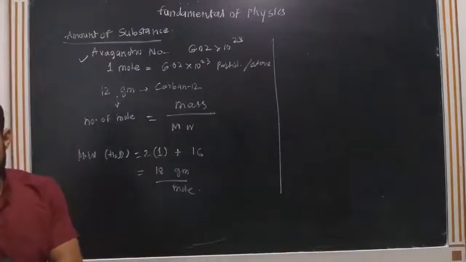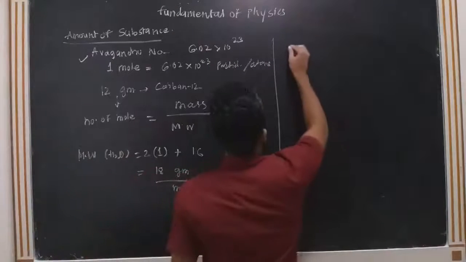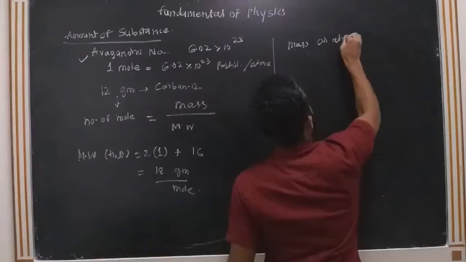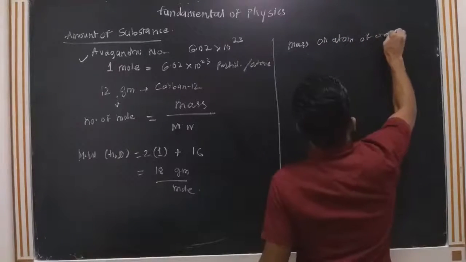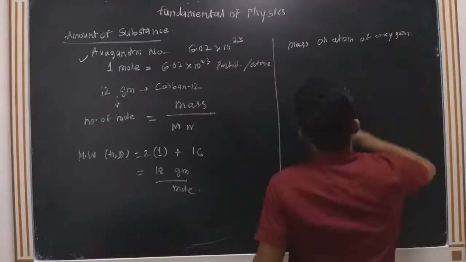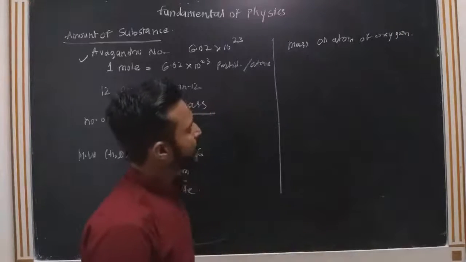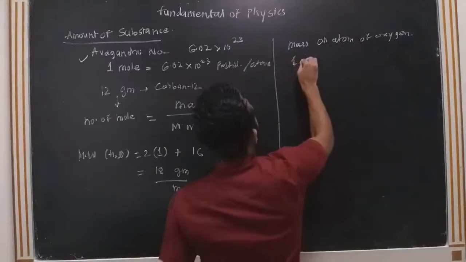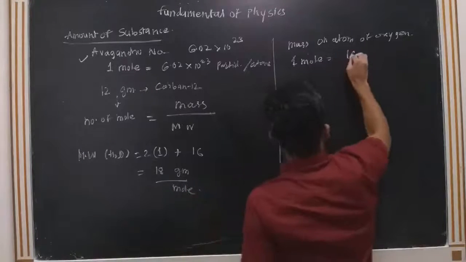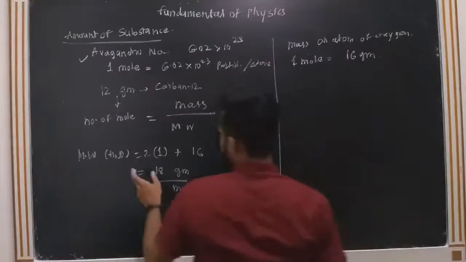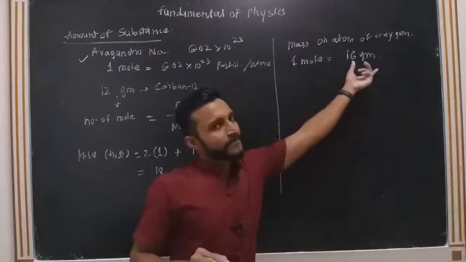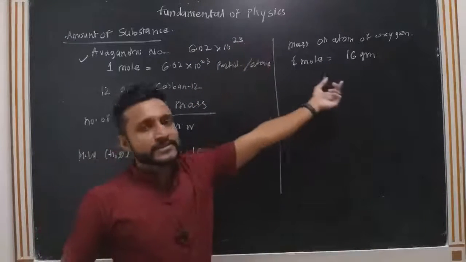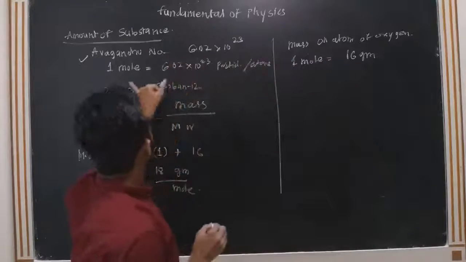We can also calculate the mass of an atom. Suppose you want to find out the mass of one atom of oxygen. We know that 1 mole is equal to 16 gram of oxygen. So in 16 gram we have 6.02 × 10^23 particles, which is equal to 1 mole.